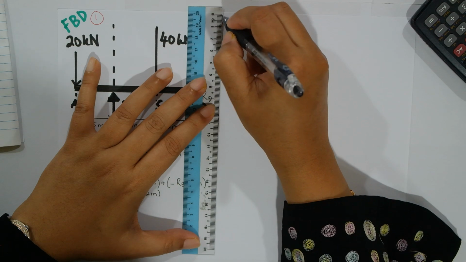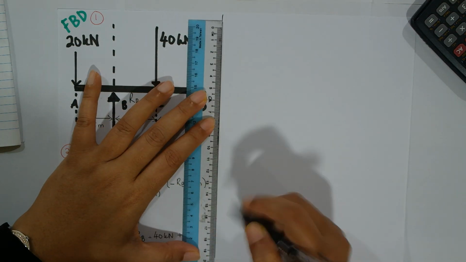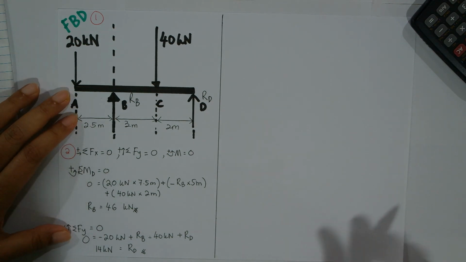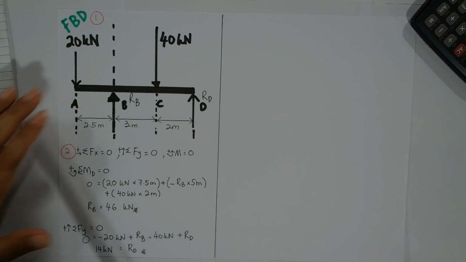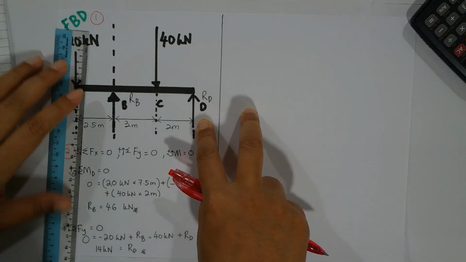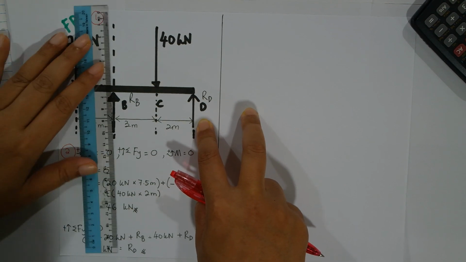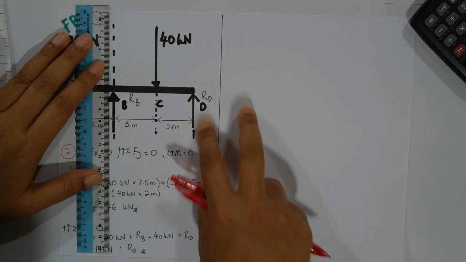Now we are going to find the shear force and also the bending moment. In order to do that, we have to split this beam into a few sections, as you saw in the slide.